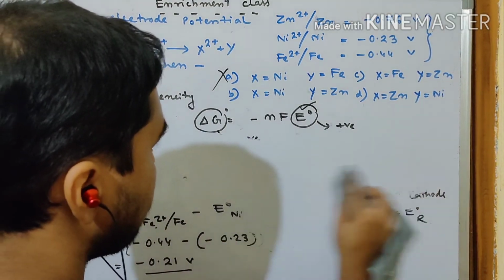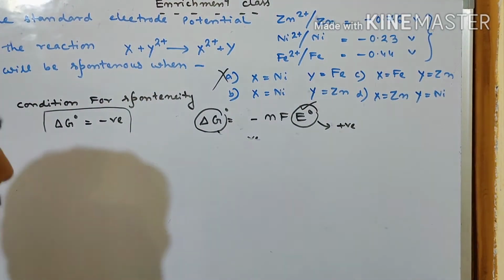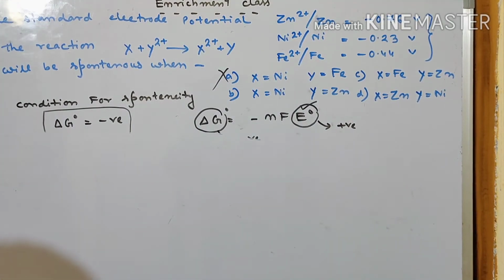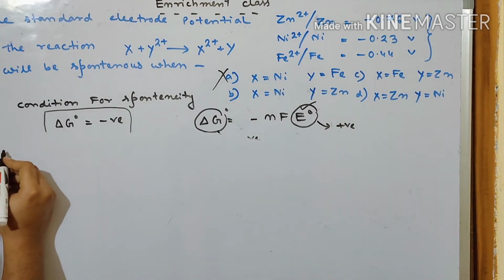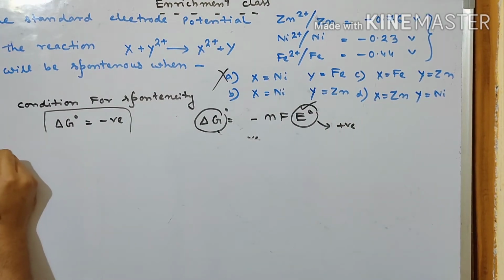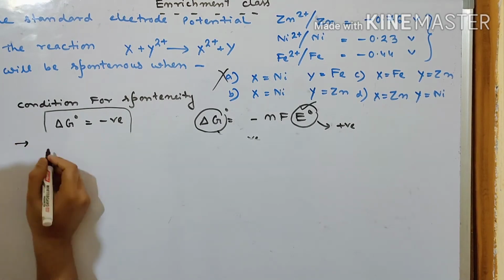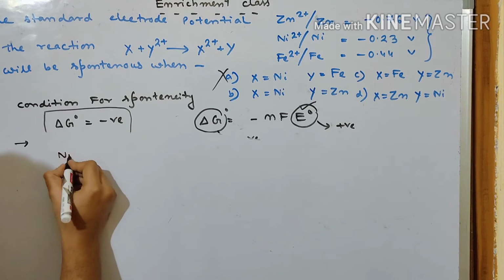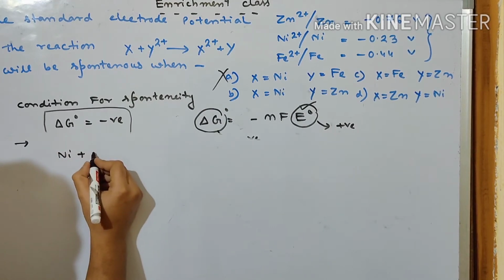Let me erase. Let us take the second one, so for option B we are checking now. In that case, X is nickel and Y is zinc.